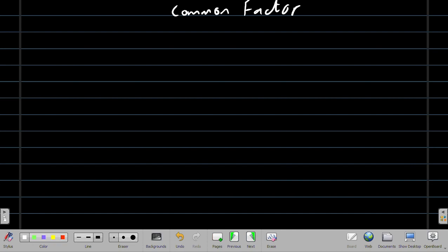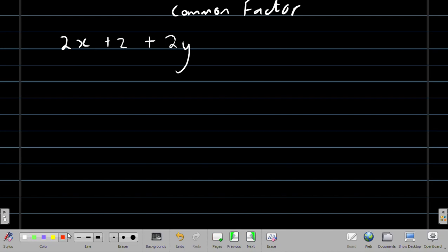The philosophy of factorization is quite simply taking an expression, so let's say 2x plus 2 plus 2y. All right, so we take an expression here.